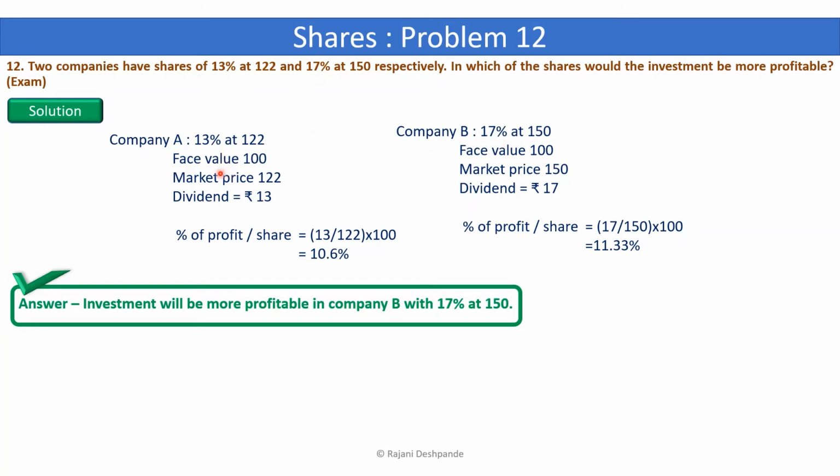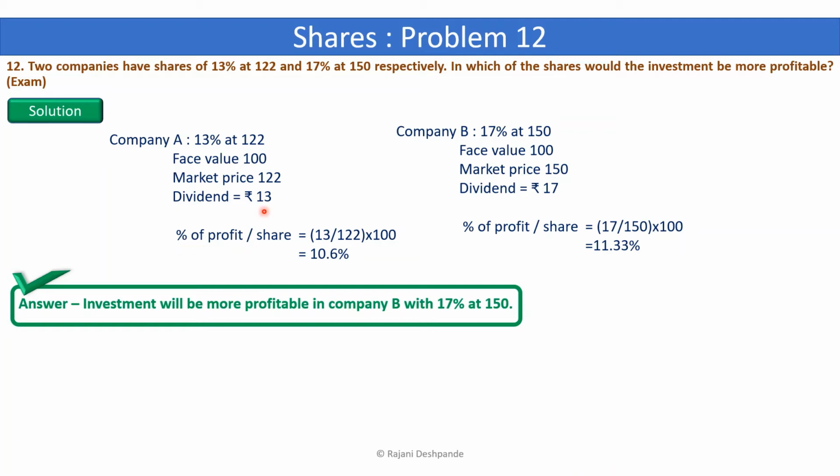So in the first case, face value 100, market price 122, dividend is 13%, which is again rupees 13 for 100. And here the face value is 100, market price is 150, dividend so 17% will be rupees 17. Now we will calculate the percentage of profit per share.